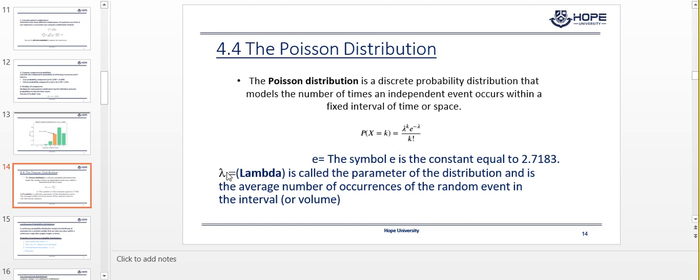Now we are going to calculate how many times an event can occur in a fixed place or fixed time, so that the probability of X equal to k is given by the formula, where e is the constant 2.718, while lambda is a parameter of the distribution, the average number of occurrences of a random event in an interval or space.